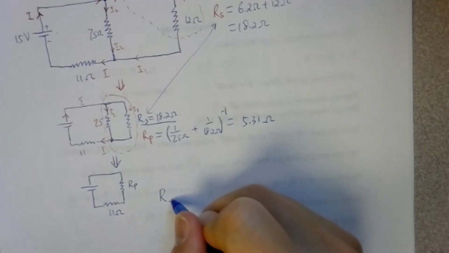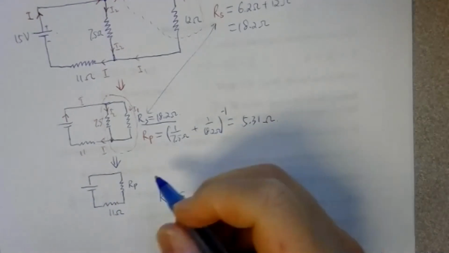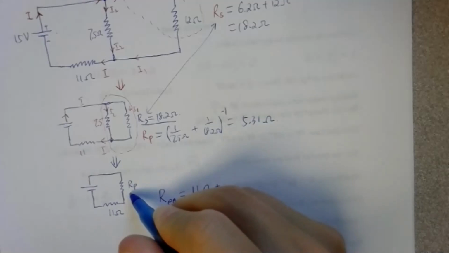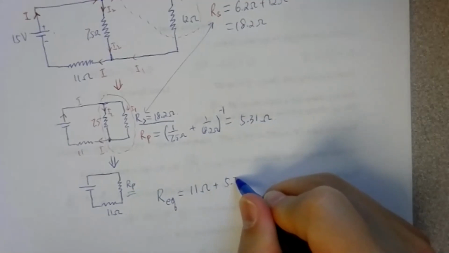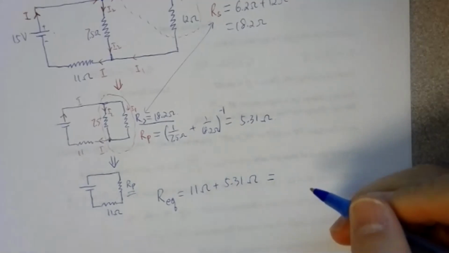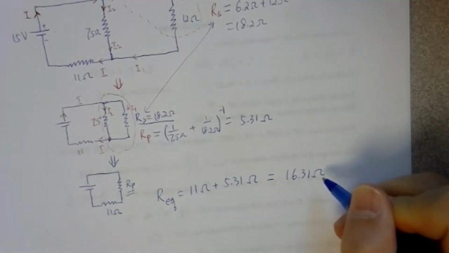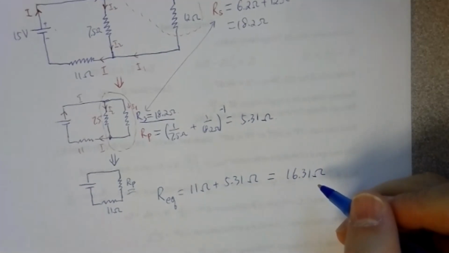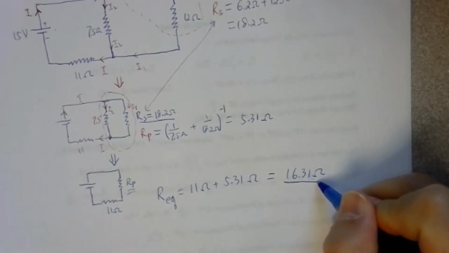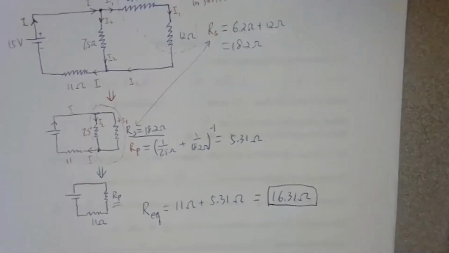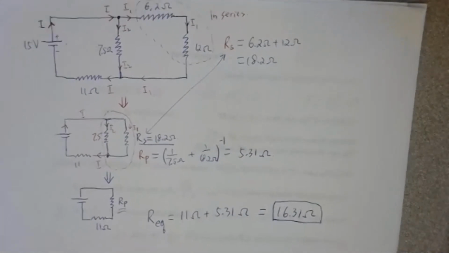So your overall equivalent will be 11 ohms plus this RP of 5.31 ohms. That will tell you this is going to be 16.31 ohms, or 16.3 ohms. So this is your equivalent resistance for the whole circuit.